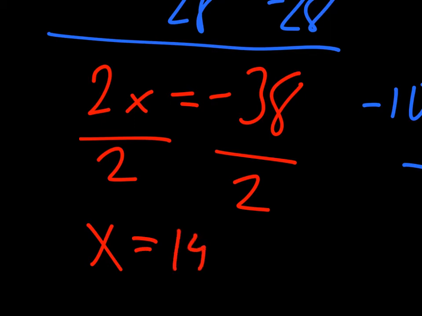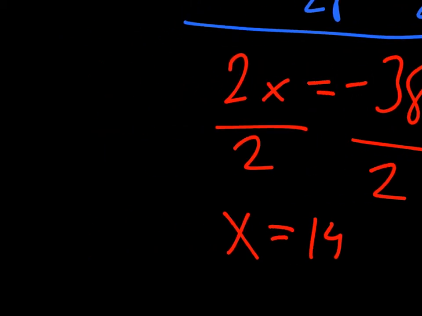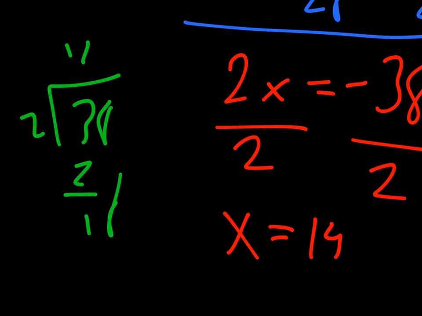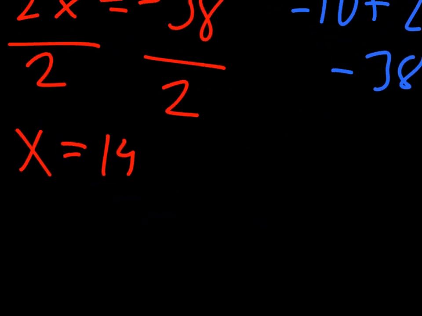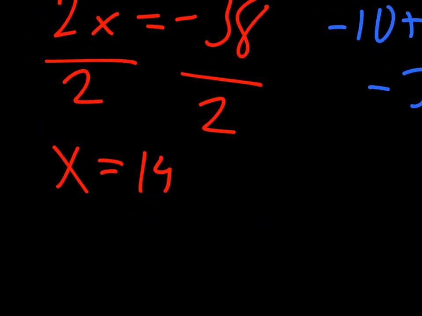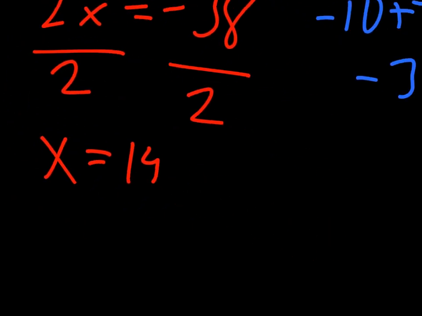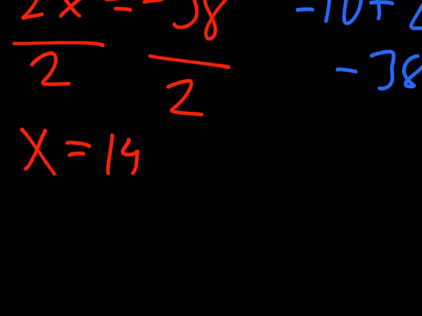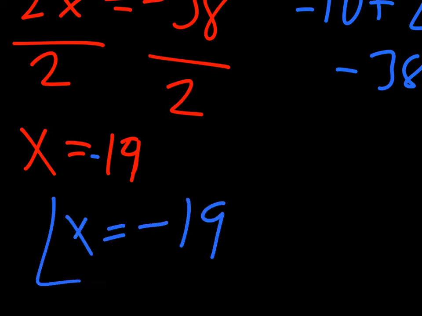Let me check. 38 divided by 2, yes. Okay, there we go. Oh wait, I'm sorry, not 19. Negative 19. Let me do it a different color. Negative 19. X equals negative 19. Bam.